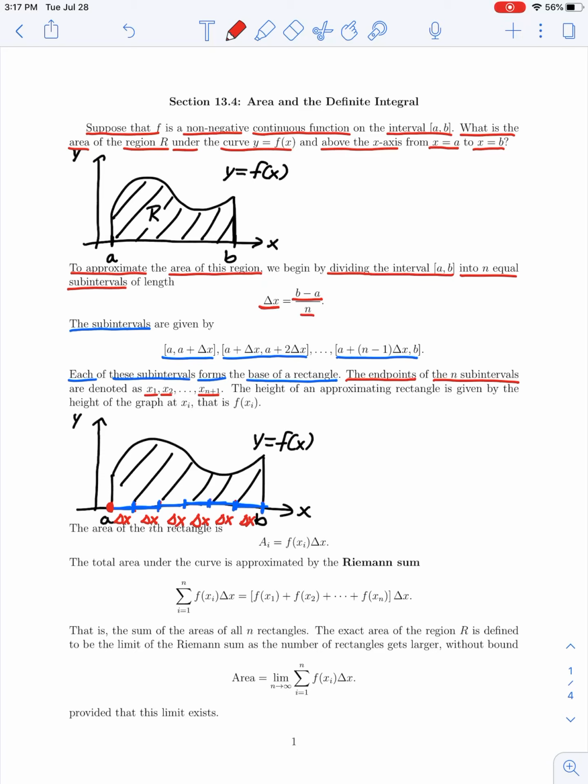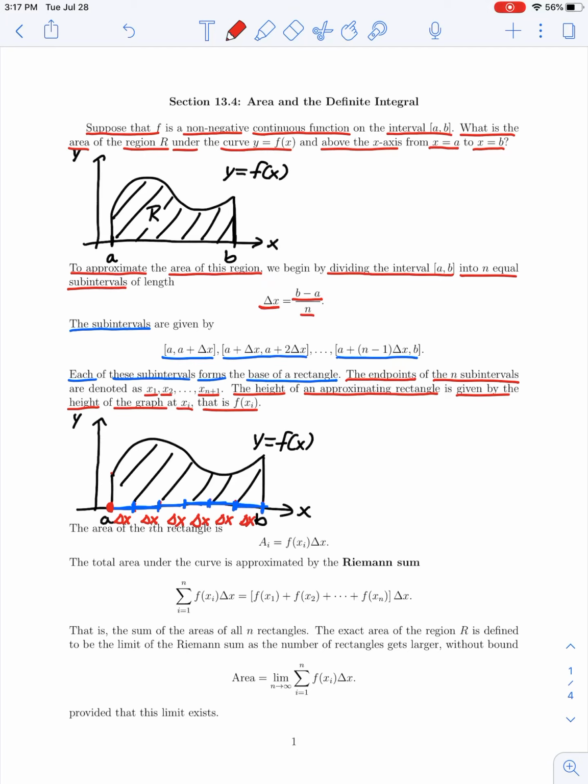So maybe if I took my left endpoint, then we can use those endpoints as the heights of an approximating rectangle, which would be given by the height of the graph of the function at xi. So that is f of xi.